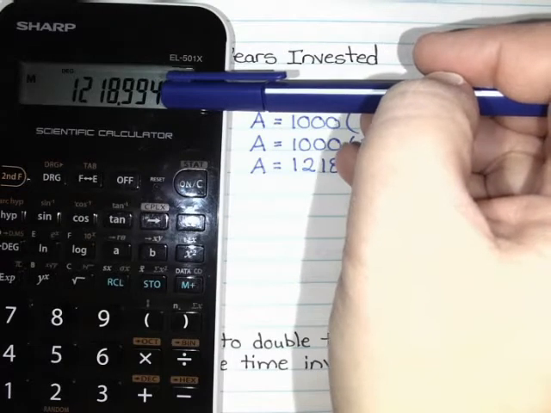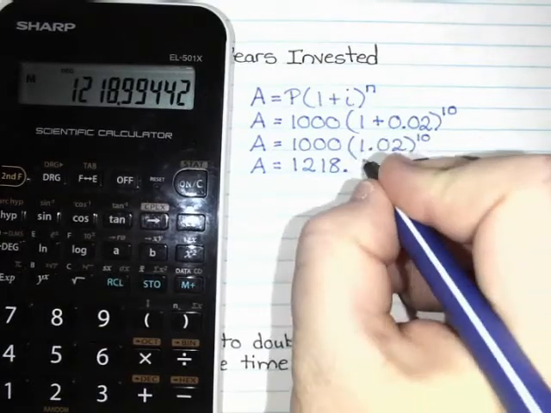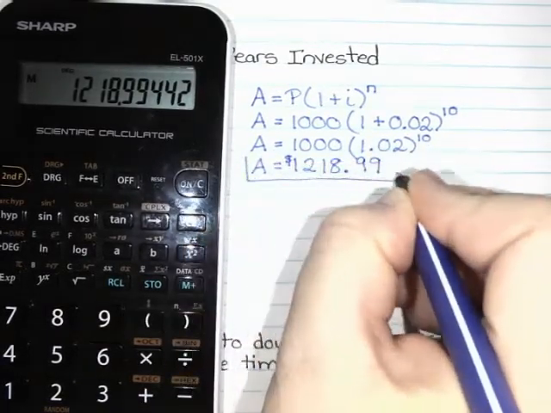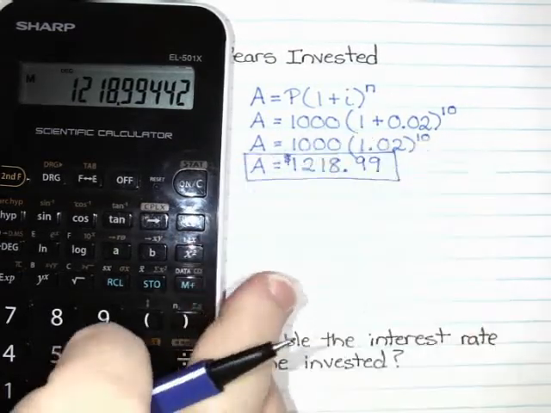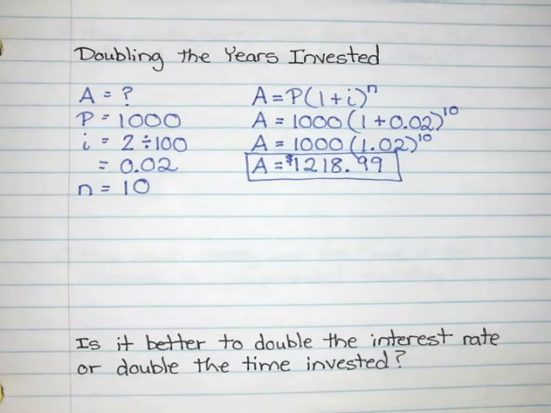It's a 4. As long as it's under 5, we're good to go. So that's going to be 99 cents. So if we double the time invested, we should have $1,218.99. Now, in the last part of the video, we'll take a look at the question, is it better to double the interest rate or double the time invested?